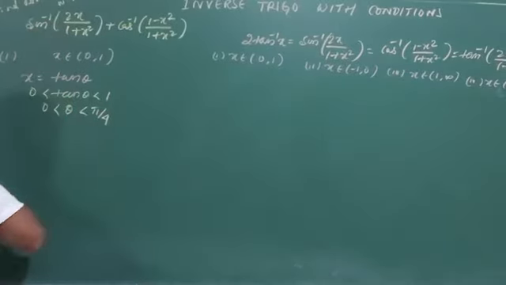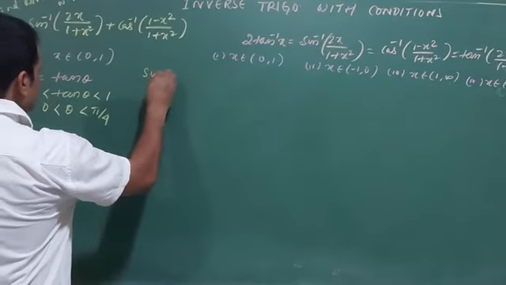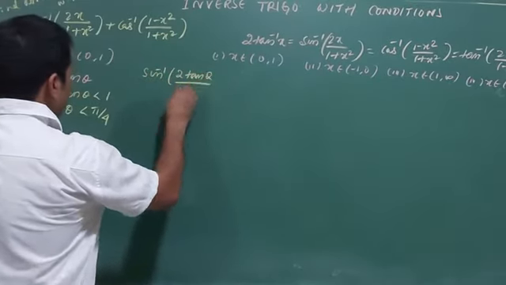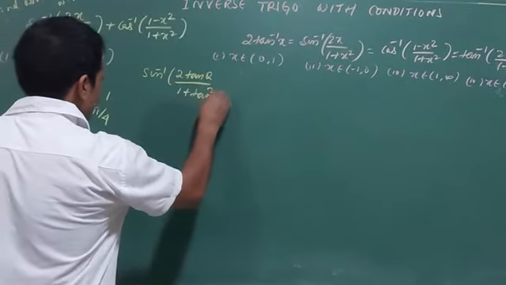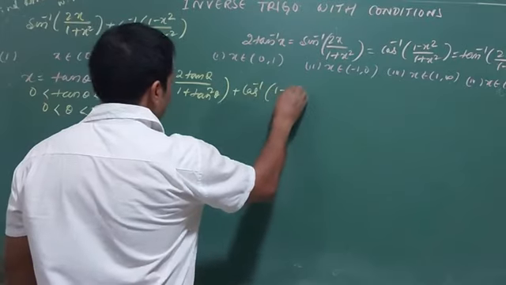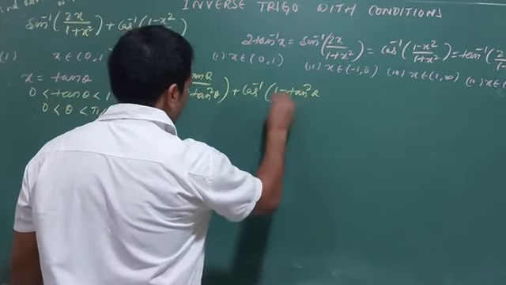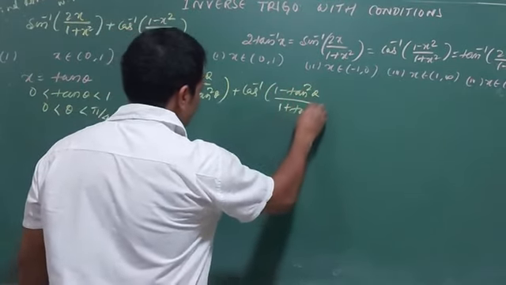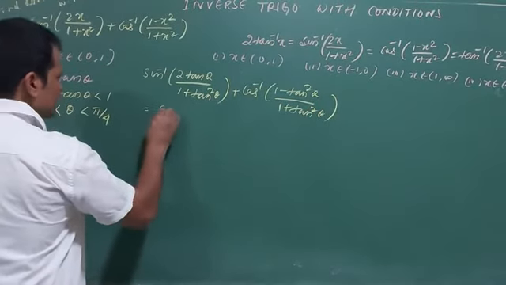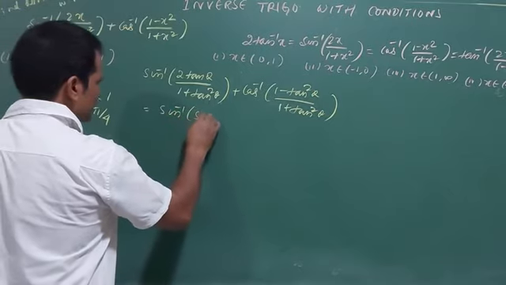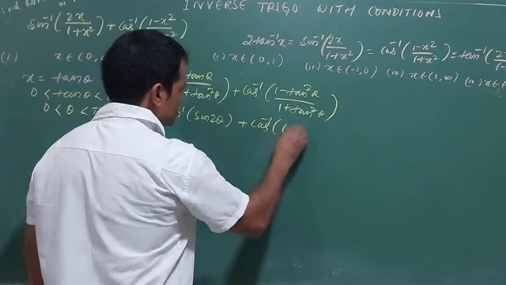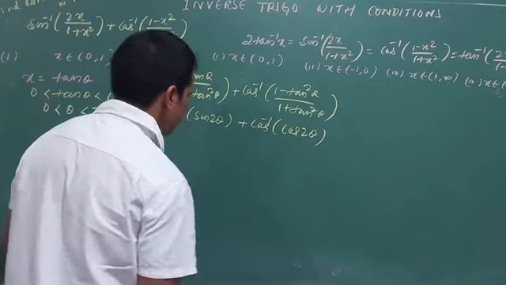Now when I go to the question, sin inverse 2 tan theta by 1 plus tan square theta plus cos inverse 1 minus tan square theta by 1 plus tan square theta. That gives me sin inverse of sin 2 theta plus cos inverse of cos 2 theta. Now you see, I am getting two values.